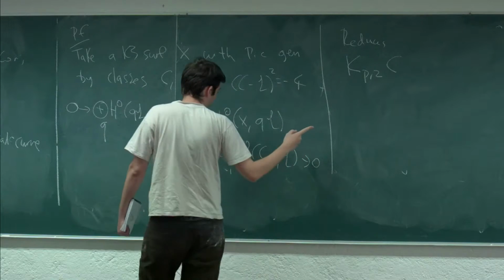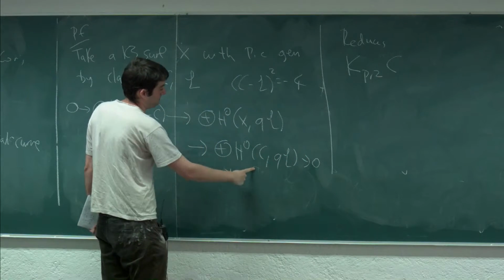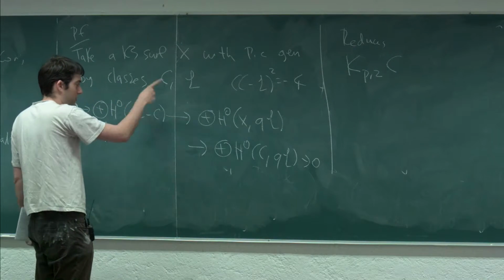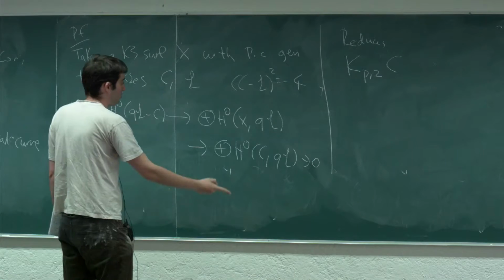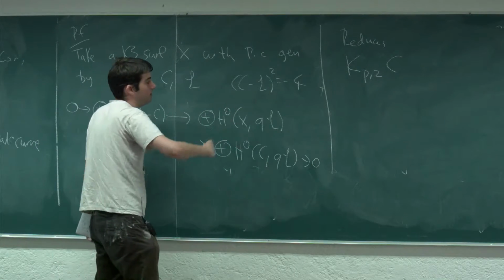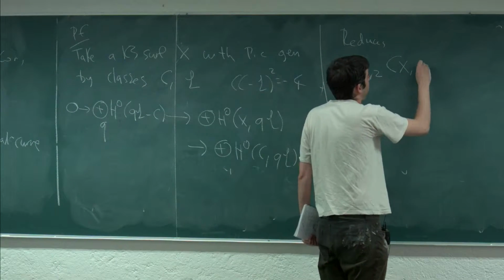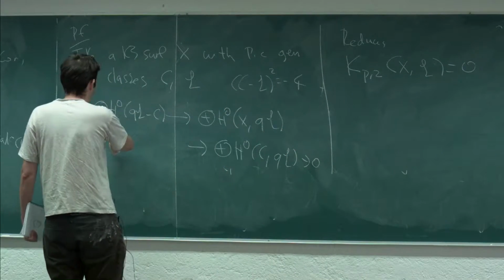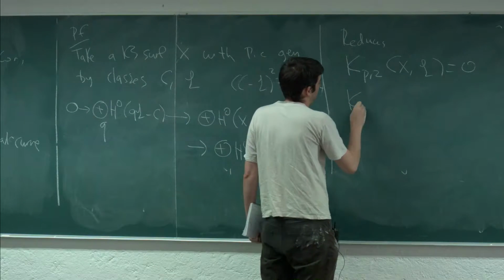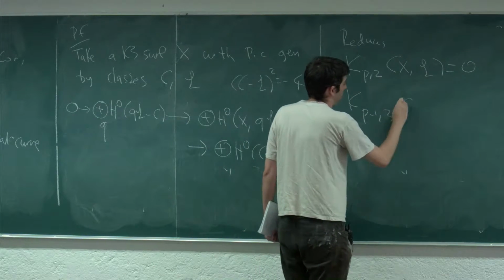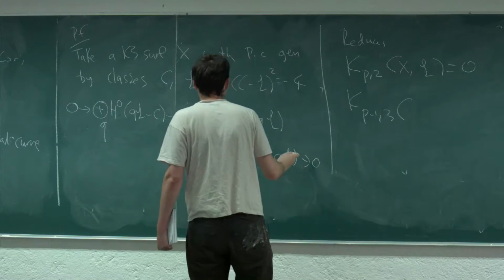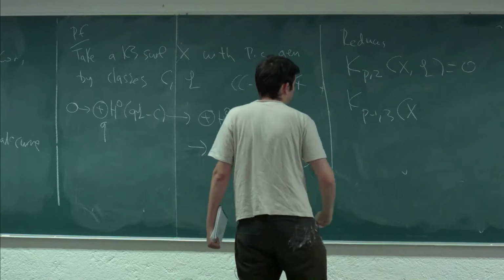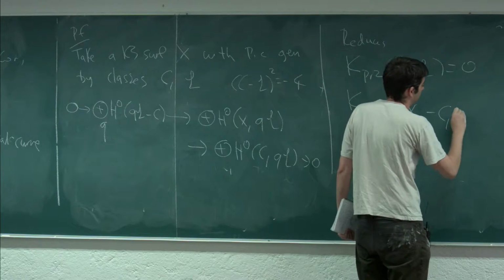So we want the Koszul cohomology of this guy. And you get a natural long exact sequence coming from taking Koszul cohomology of this short exact sequence. And then it's enough to show that K_{p,2} of this thing equals 0. And then you get a boundary map, and so you need to show also that K_{p-1,3} of this thing is 0. So this thing hasn't been defined, but you can define it easily, and it's like this.